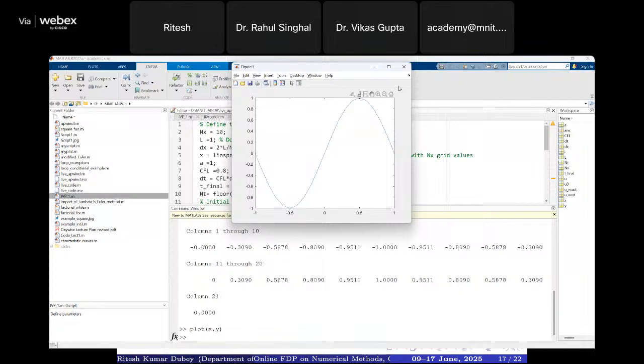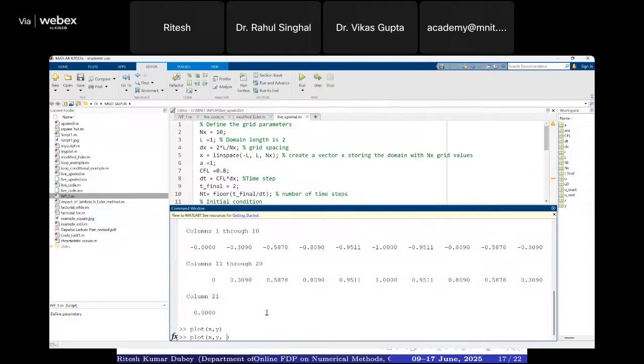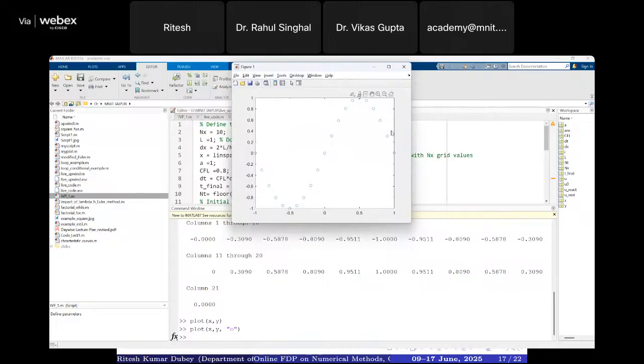So you are getting the discrete values like this. When I'm saying periodic boundary condition, if my formula requires some value corresponding to this point, that point will be the same as the value at this point because of the periodicity. Similarly, the value which will come outside the right boundary will be the same as this value.